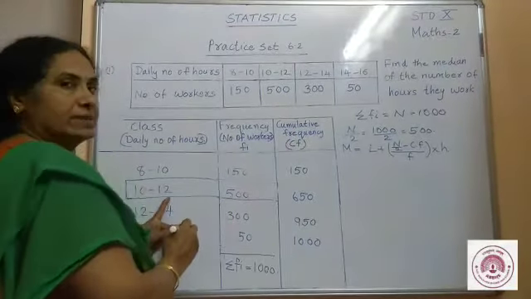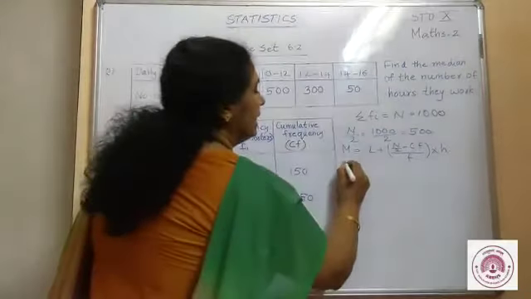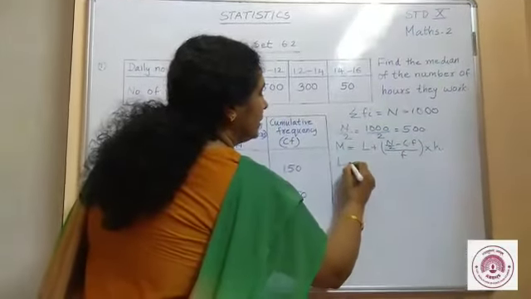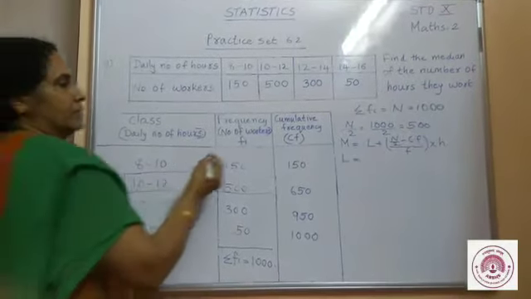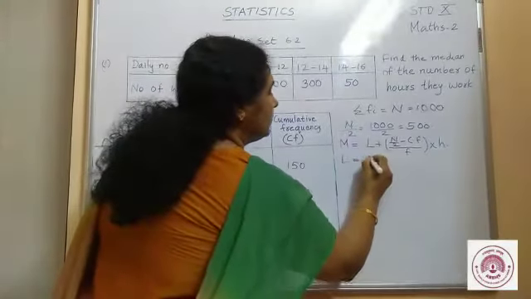So 10 to 12 is the median class. Therefore, what is the lower limit of this class? 10. So L is equal to 10.